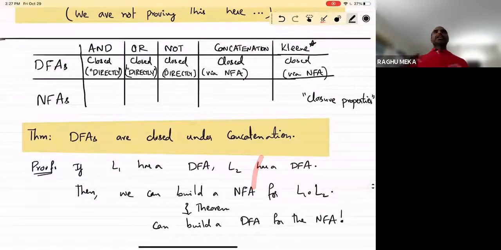If I gave you a DFA and asked you to build a DFA for the Kleene star, pretty much the only way we know is to first build an NFA for the Kleene star and then convert that back into a DFA.